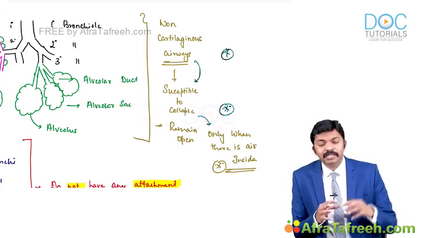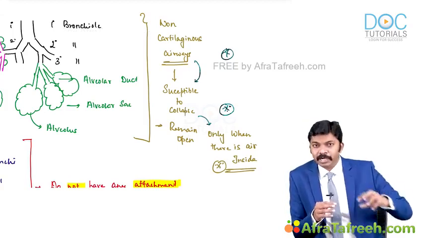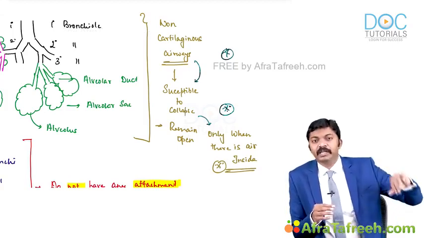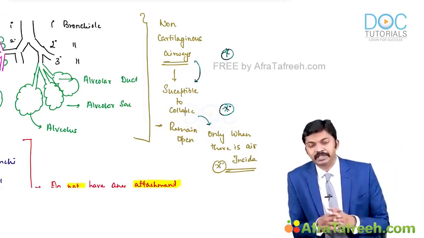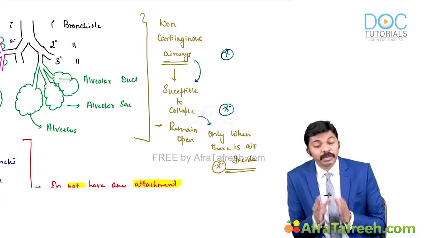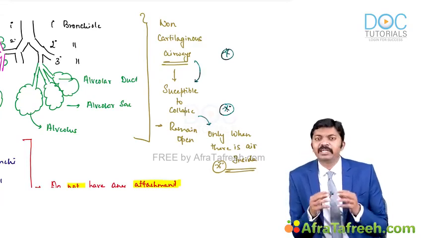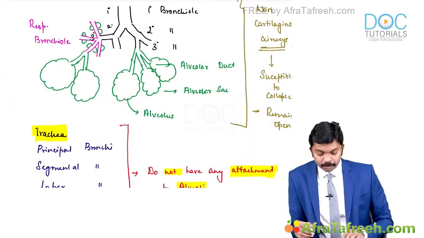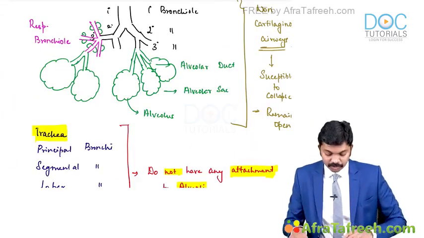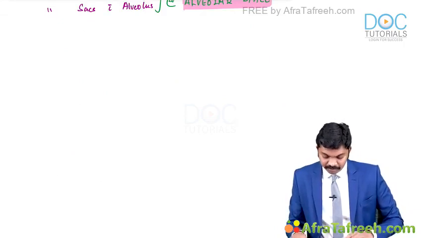All the alveolar ducts will collapse. All the respiratory bronchioles, tertiary, secondary and primary bronchioles will collapse because they are not supported by cartilages. To make sure these airways remain open, lungs always have a certain amount of air present inside, and that is called residual volume. We will learn more about that when we take up lung volumes, doctors. Okay. So this point you have to be very familiar with here.